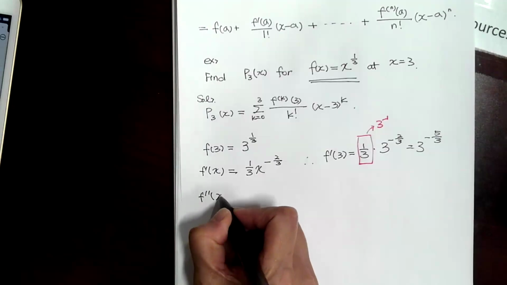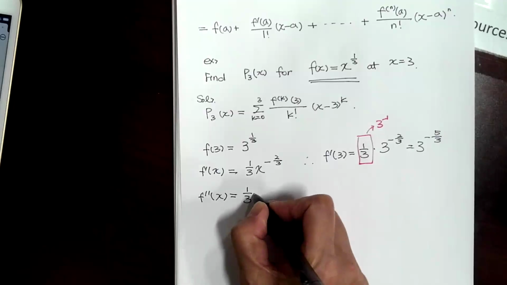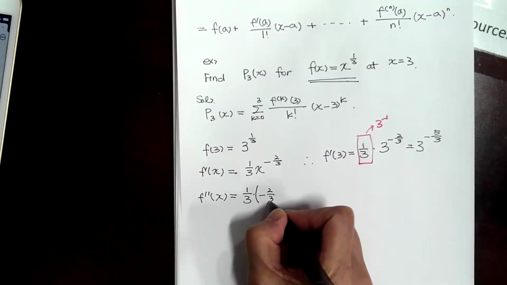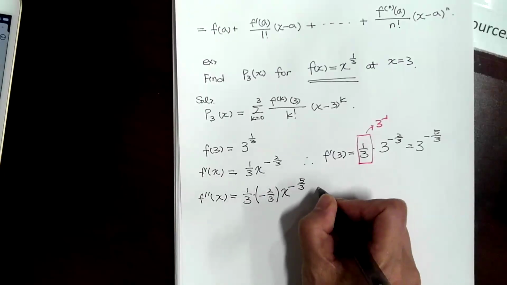The second derivative of f is 1/3 times minus 2/3 times x to the minus 5/3.